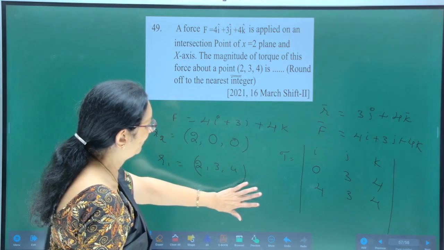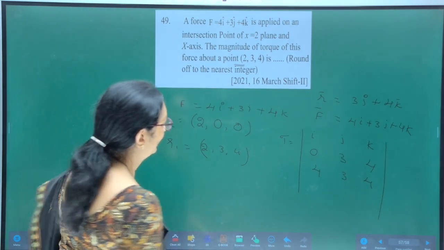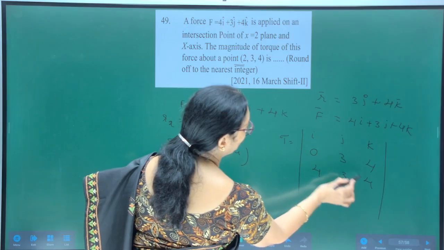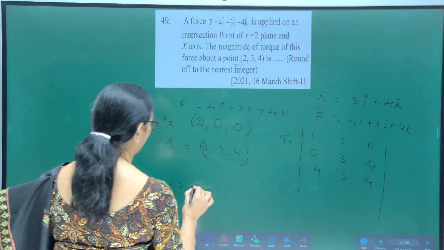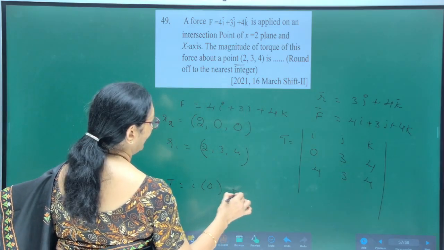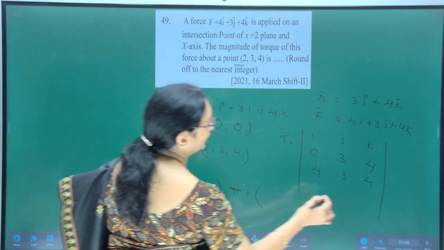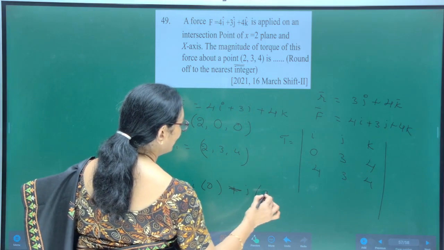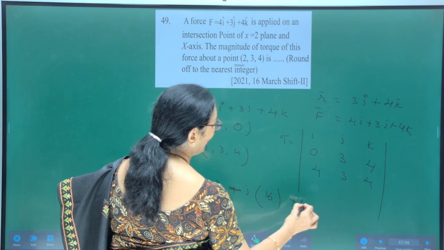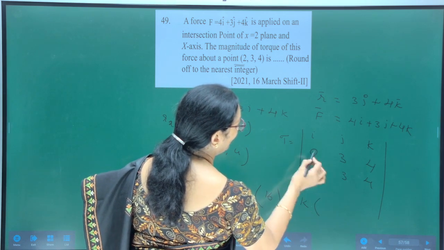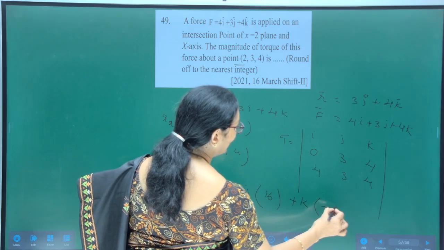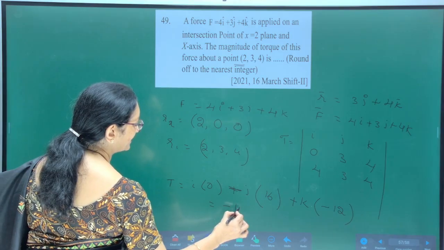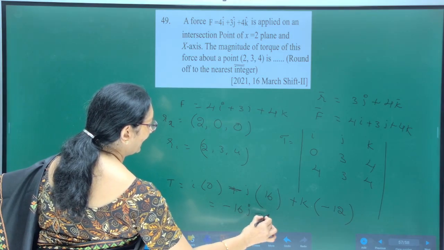I am finding the determinant: i into (3 times 4 is 12, minus 12) is i into 0, minus j into (4 times 4 is 16) minus 16j, plus k into (0 into 3 is 0, minus 12). So this is minus 16j minus 12k.